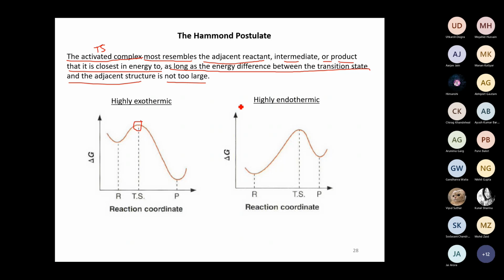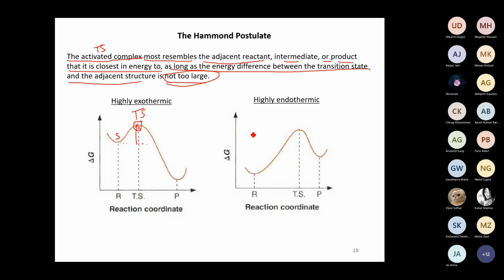Let's talk about the left hand plot. The transition state's structure is similar to the starting material as long as the energy difference between the starting material and the transition state is not too large.